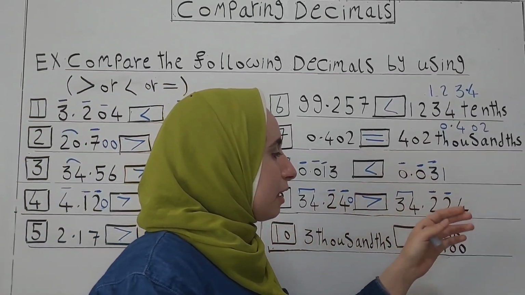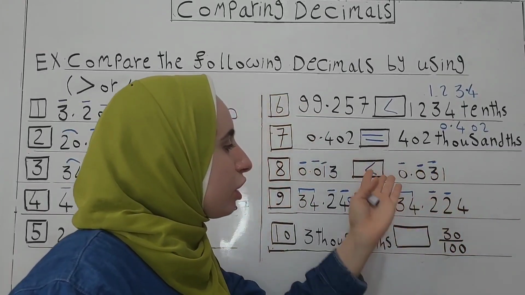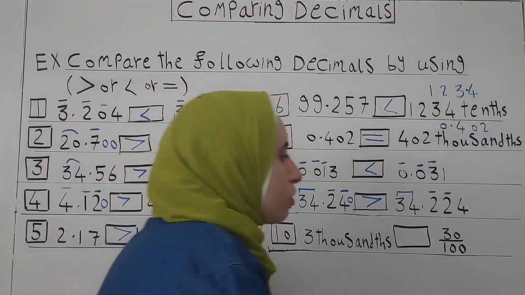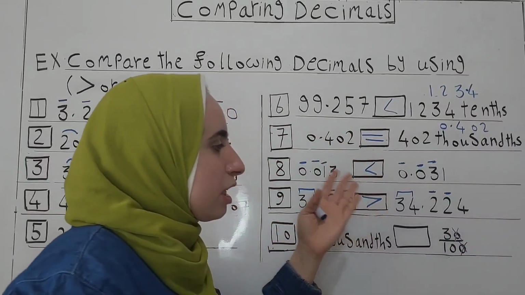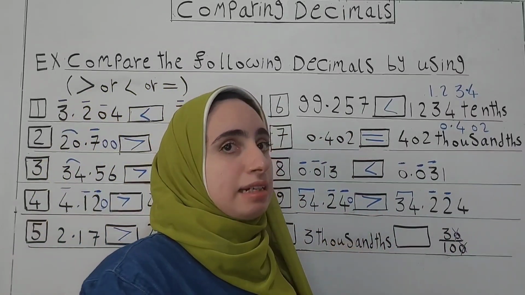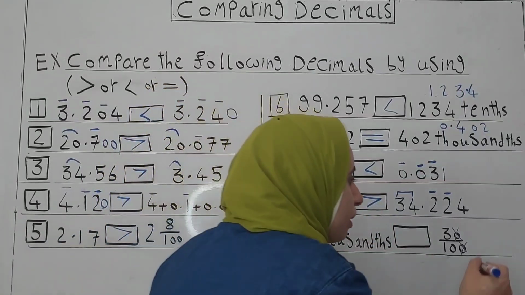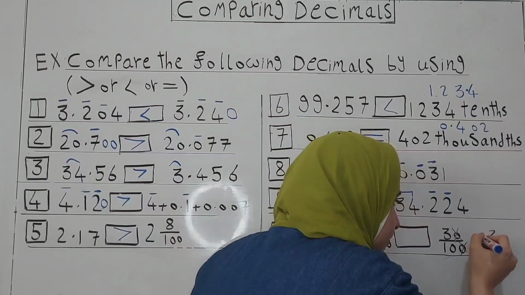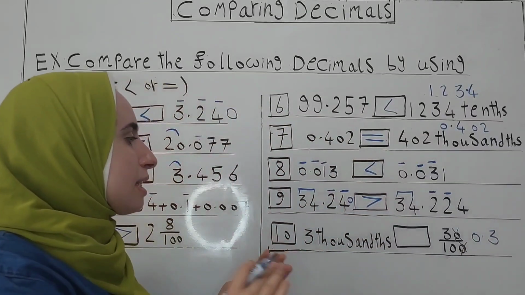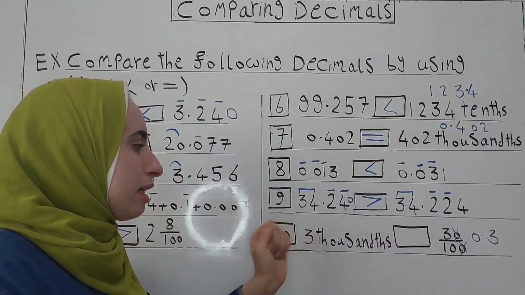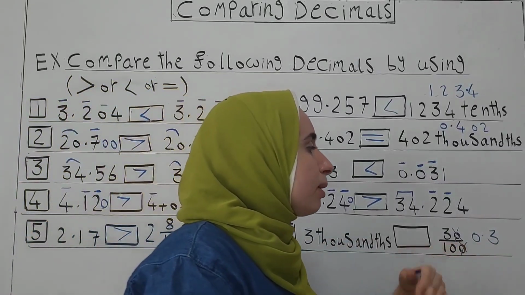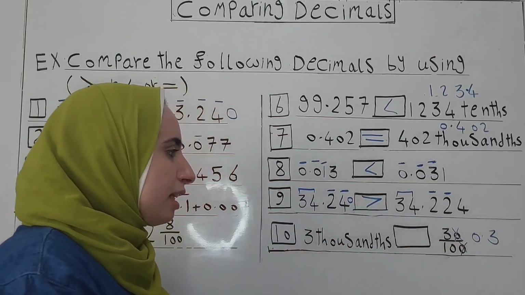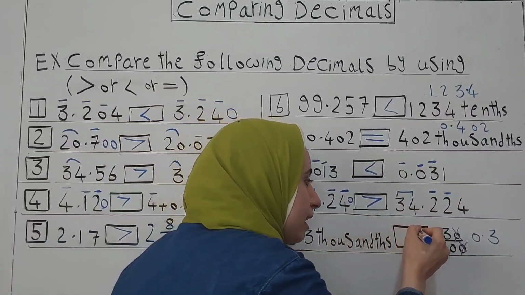Number 10. 3 over 1000, and the second number 30 over 100. So we cross out 0 with 0. 3 over 10 means 3 tenths, so we write 3 tenths. Now, which is greater: when we take 3 out of 1000 or when we take 3 out of 10? When we take 3 out of 10 is greater.